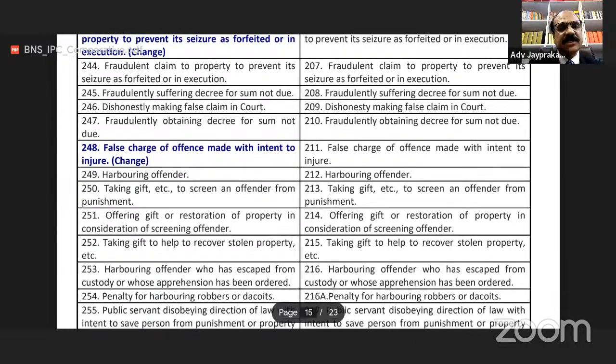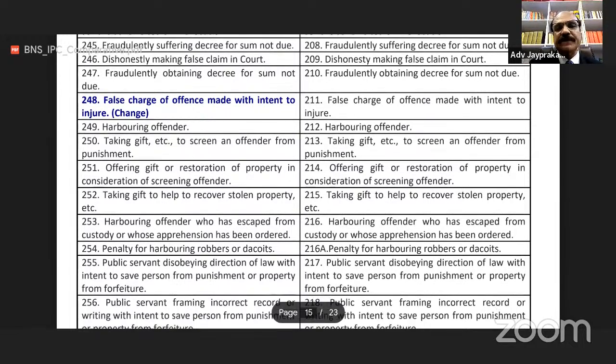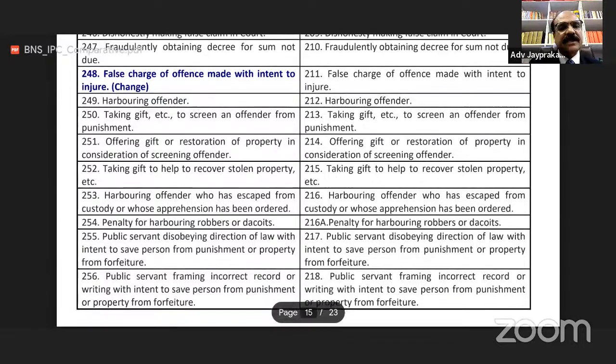BNS section 248, false charge of offense made with intent to injure. Earlier section was IPC 211. Section 249 of BNS, harboring offender. Earlier section was 212 in IPC.